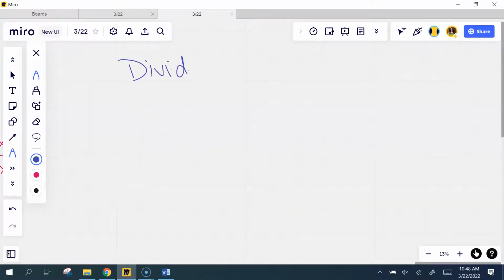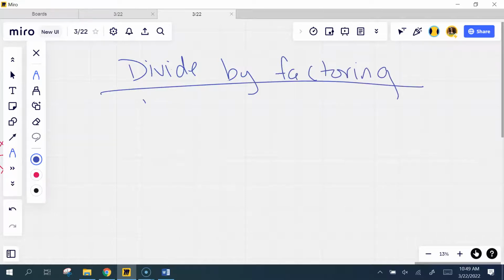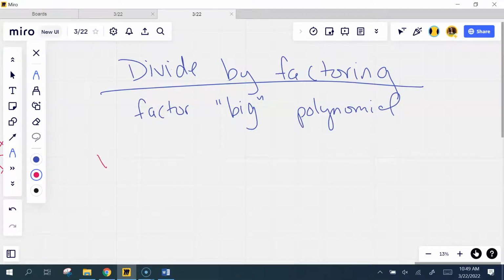let's say, number 5, divide using factoring. This just means to factor the big polynomial. So for example, w squared minus 7w plus 10. Now when it's written in a fraction like this, this just means division, right?